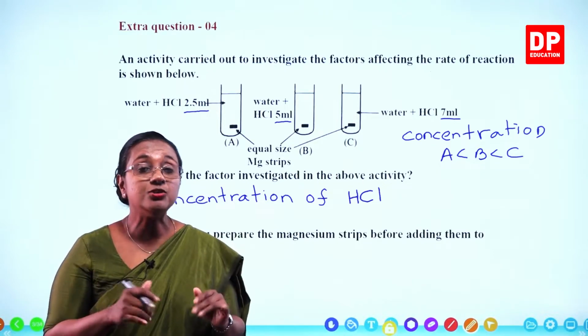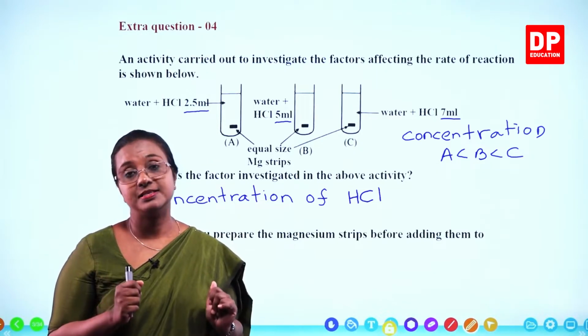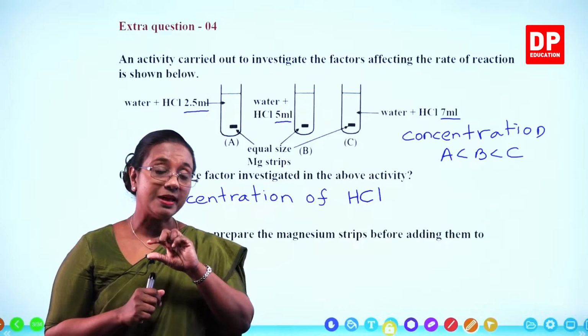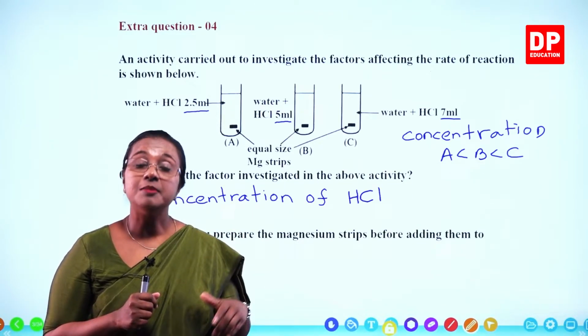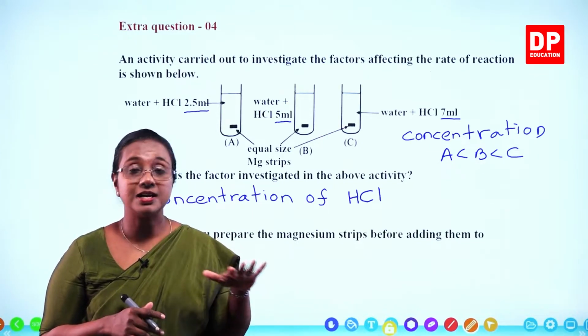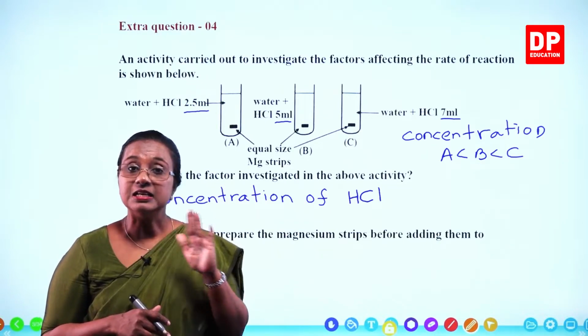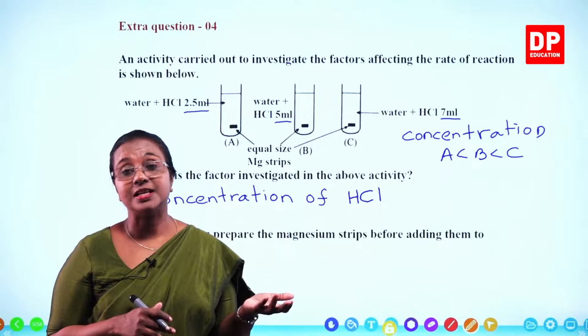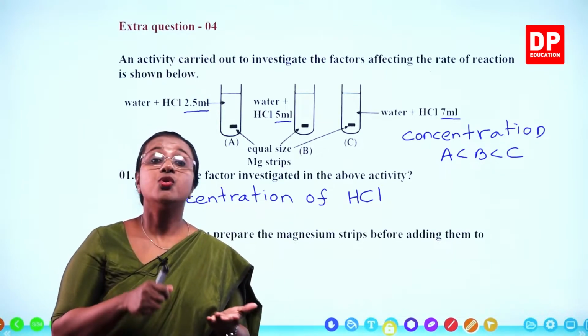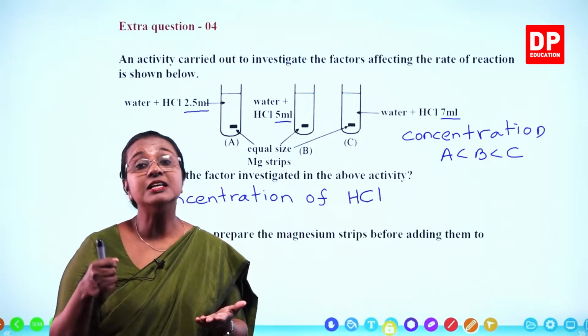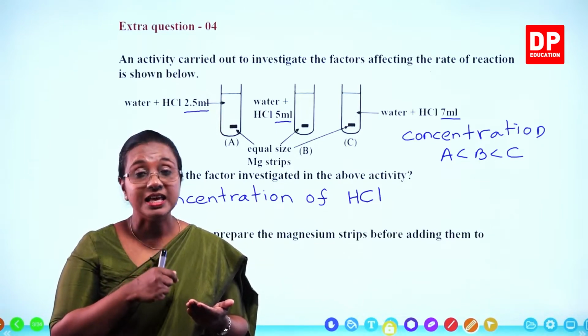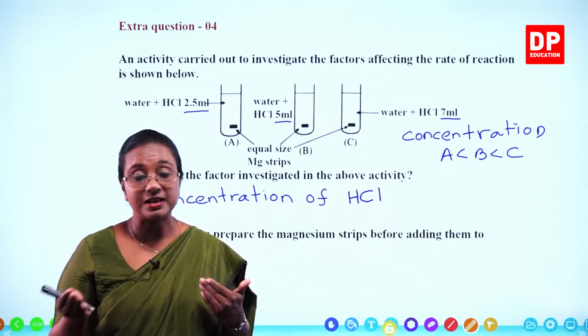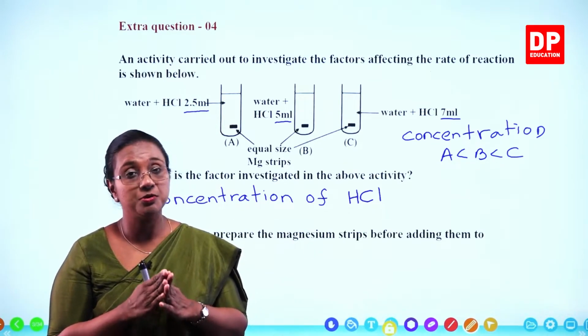So you need to clean that magnesium oxide layer. Normally the magnesium metal is shiny, but after some time it tarnishes. There will be a layer of magnesium oxide and maybe sometimes magnesium nitride also. So when you rub it with sandpaper, the layers around magnesium are removed and you get the pure metal.